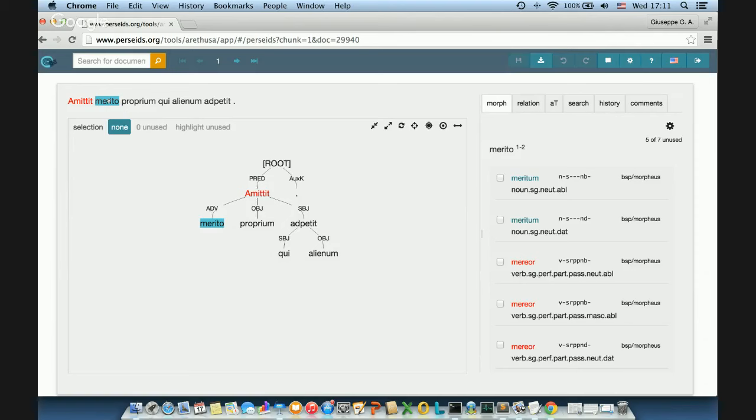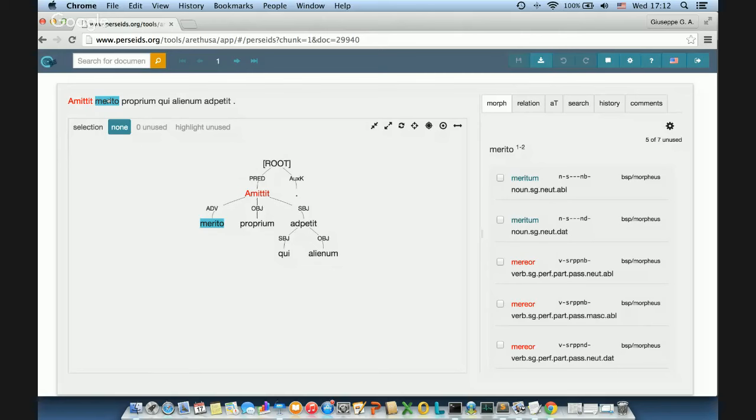So as I said, the first thing you should do is try to identify the main verb in a sentence. And why? The answer is clear, because usually the main verb of a sentence determines the structure of the other constituents of the sentence to a large extent.